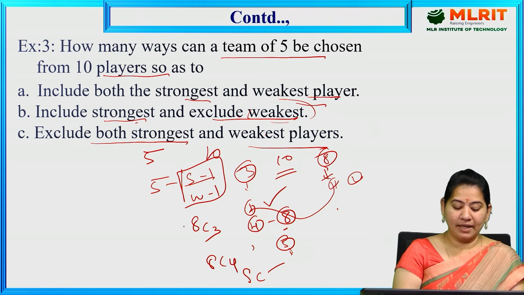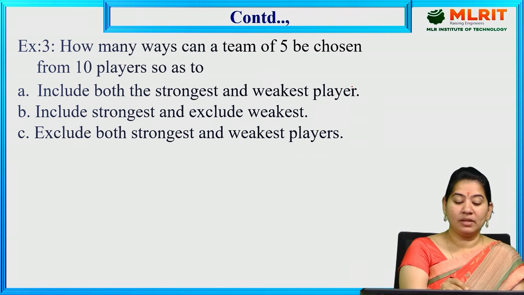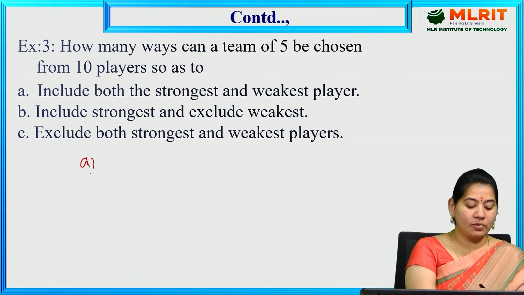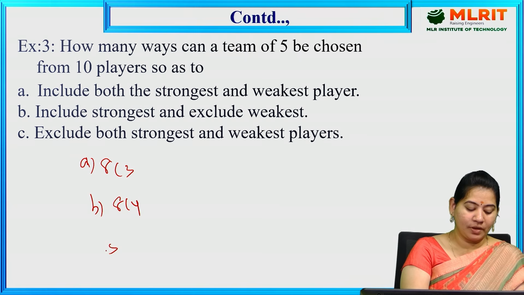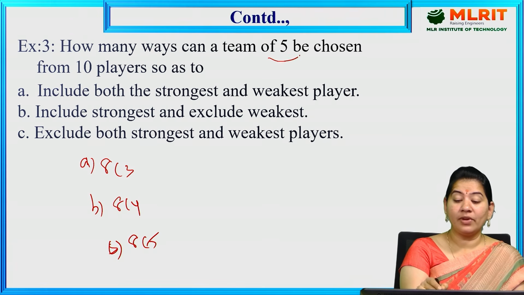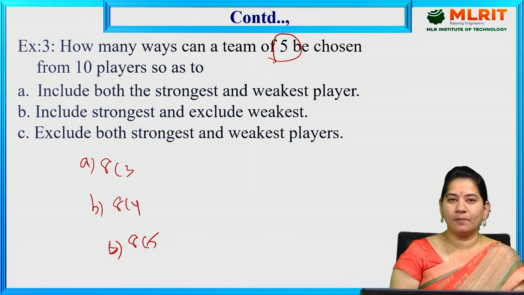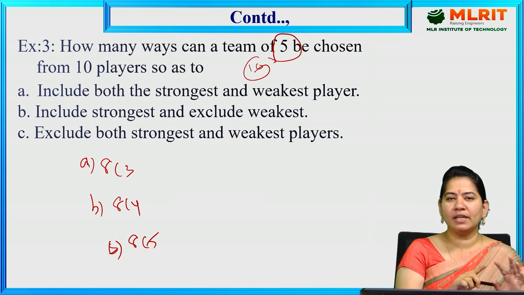So the answers are: for the first one 8C3, the second one 8C4, and the third one 8C5. As we have to select 5 people as a team out of the 10 players, it is already fixed that there is one strongest and one weakest.